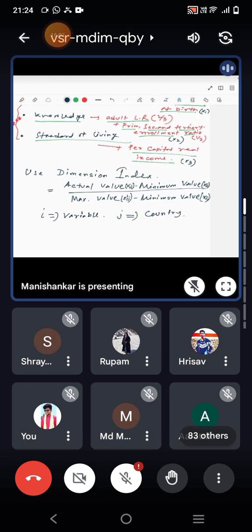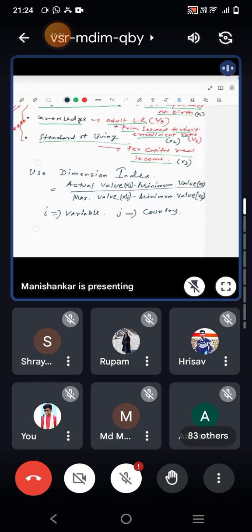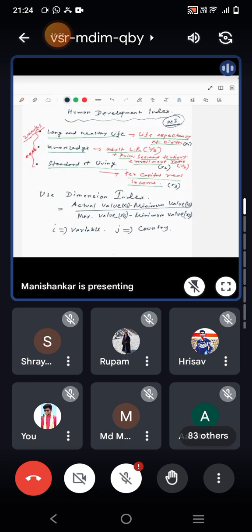So when you consider x11, that means you are taking life expectancy at birth, its actual value in country 1. Similarly, when you use j equals 2, that is your country 2. So this is our dimension index.